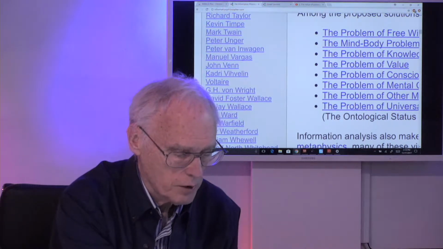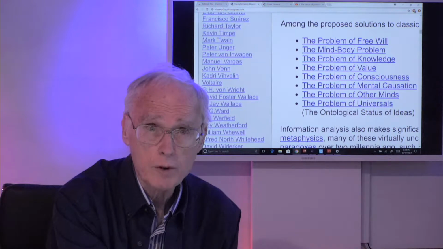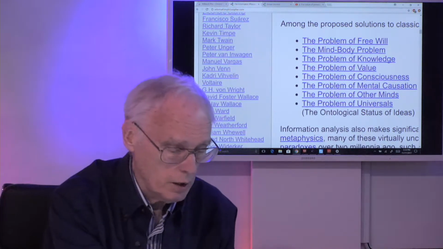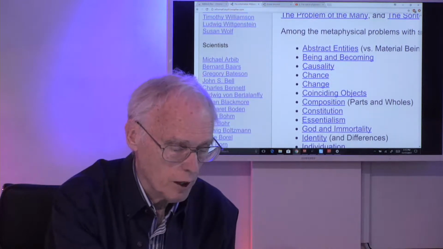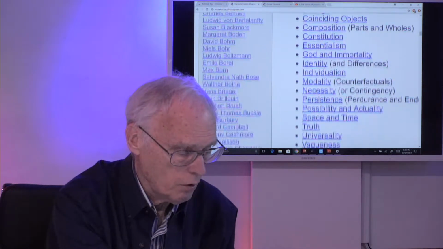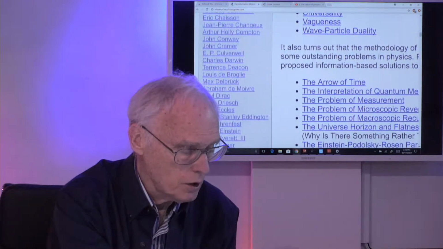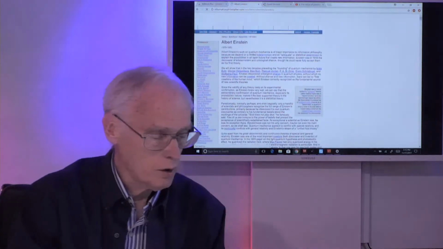On the main text of this page, I'm describing the various important problems that we deal with in philosophy, and also a significant number of problems that we deal with in metaphysics. And here we're finally getting into the scientists, so I can come to Albert Einstein on the page and take a look at his page.